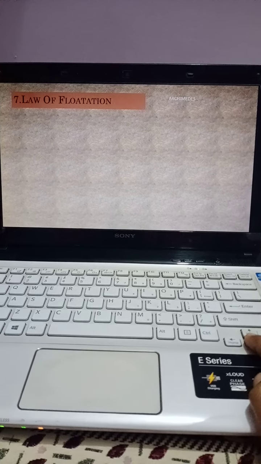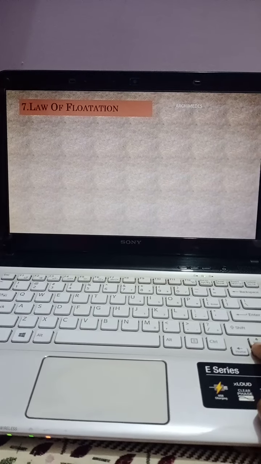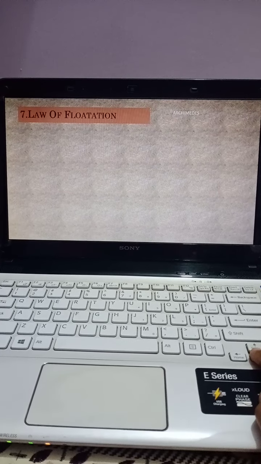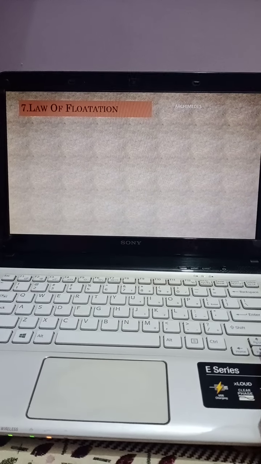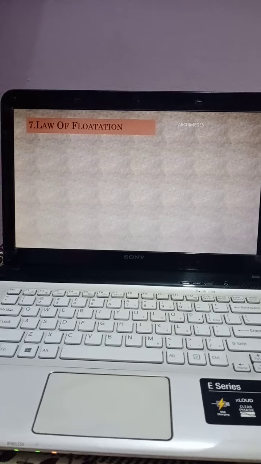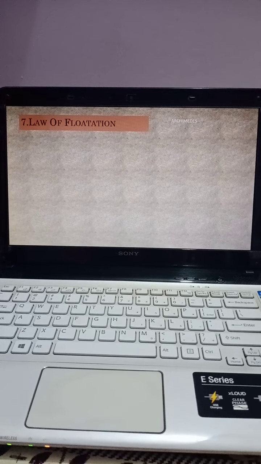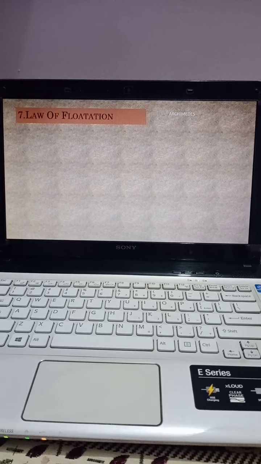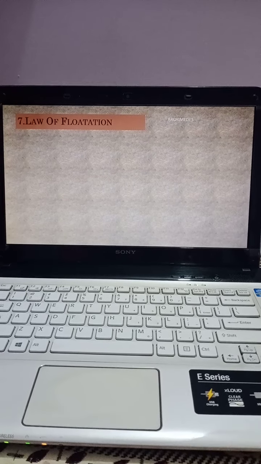The next topic we are going to see is the law of flotation. Under this law of flotation, we are going to find out the reason why any object floats or sinks inside the water.